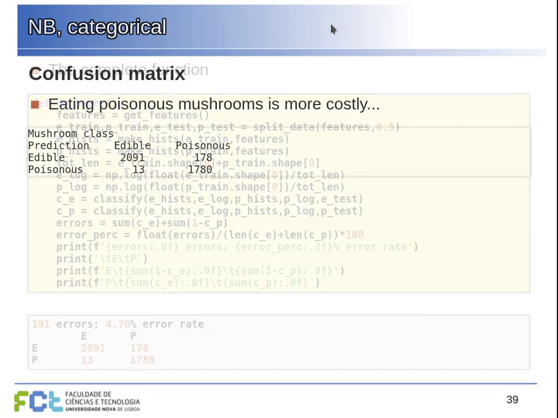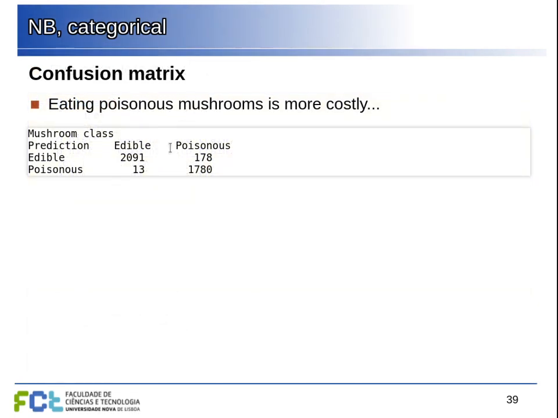Of course, this may seem very good, and in fact, when the mushrooms are edible, our classifier gets them right most of the time. It just discards 13 as poisonous, but there is a problem here. When the mushrooms are poisonous, there are 178 of them that our classifier is telling us we can eat. So this is probably a worse problem than just the overall error rate.